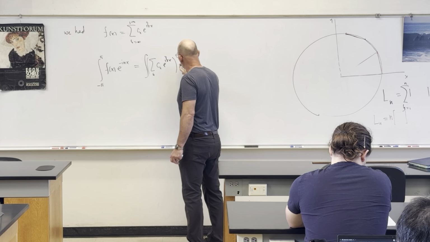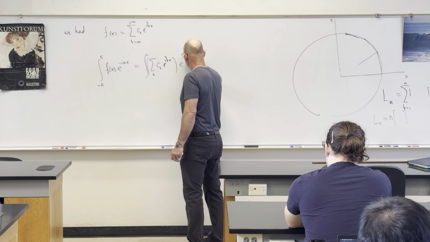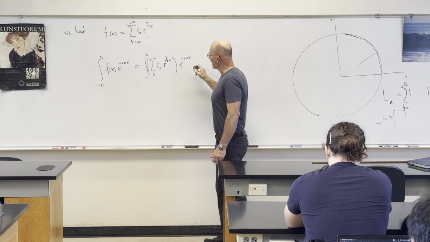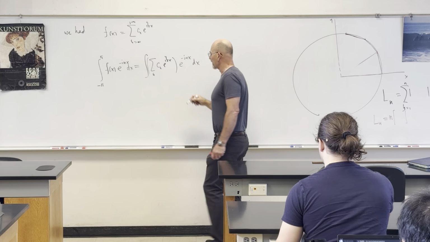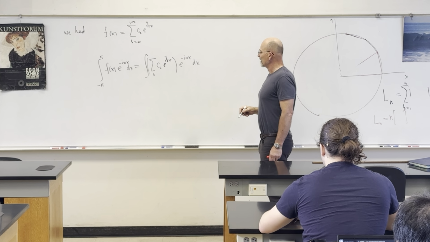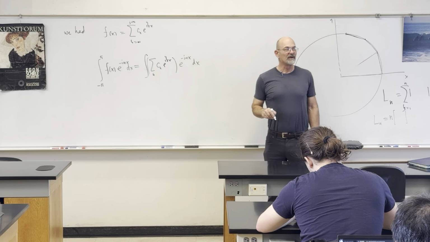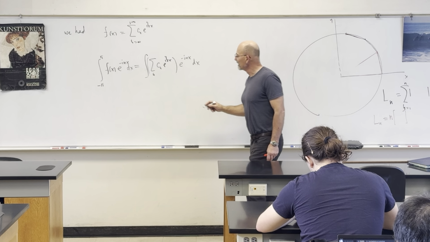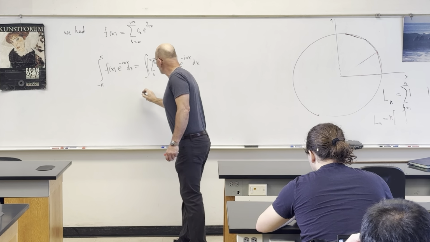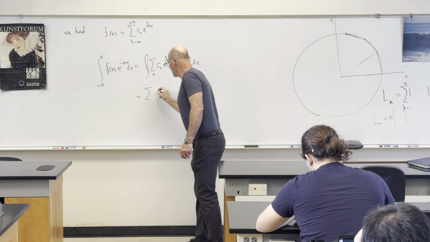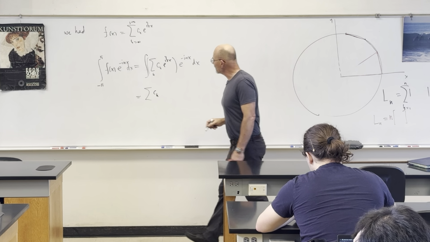I'm multiplying this whole thing by e to the minus i nx, and I forgot my dx right here. So we're going to assume this works well, everything's well behaved enough, and if we had a finite sum, there'd be no arguing about this. So suppose we can interchange the integration and the summation.